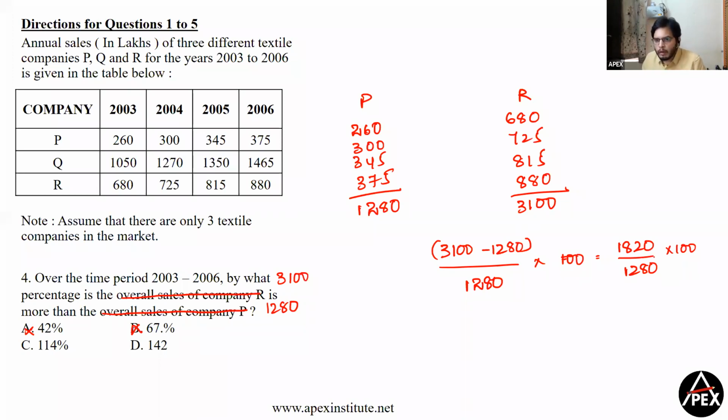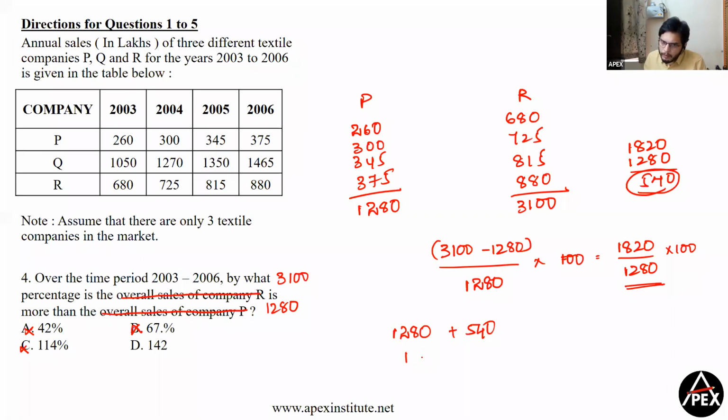Okay. Now, this will be 1280. Remaining will be... And okay, if you approximate, you can also eliminate option C because what is 1820 minus 1280? This is 540. So I can write this as 1280 plus 540.